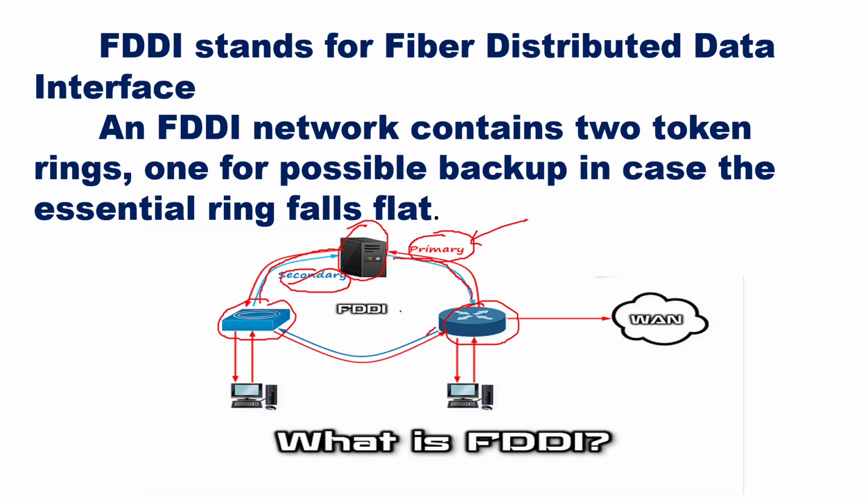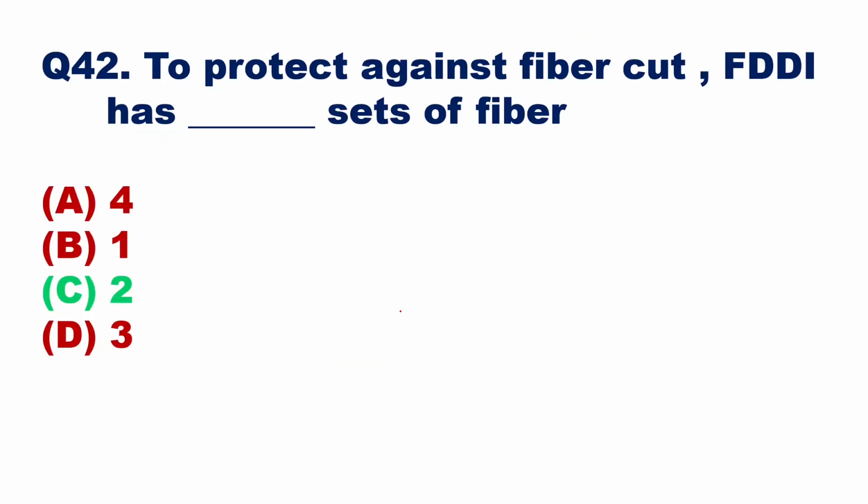In the meantime, you can repair the earlier node or terminal which has broken down. So the FDDI network contains two token rings, and option C, 2, is the right answer.